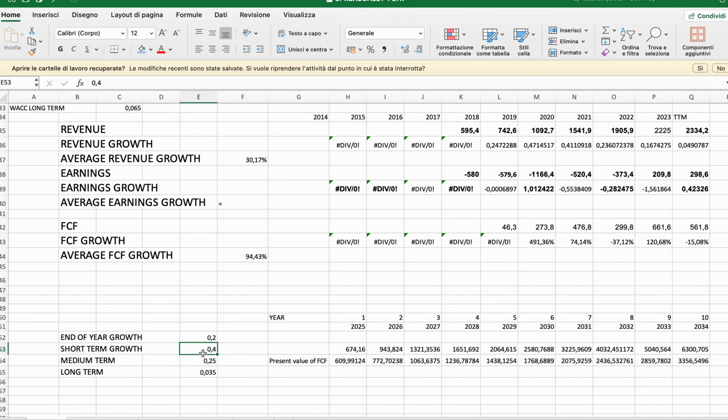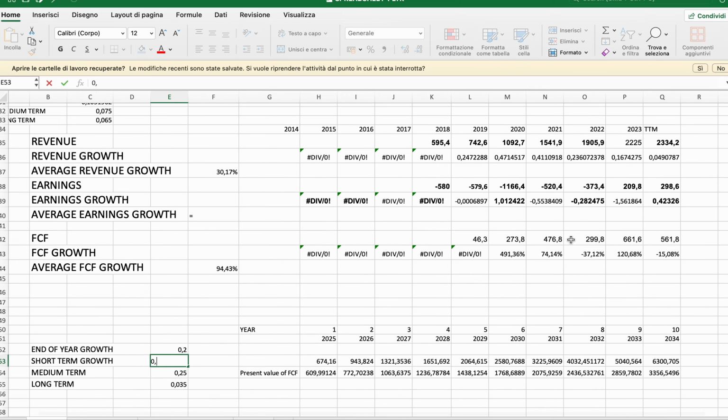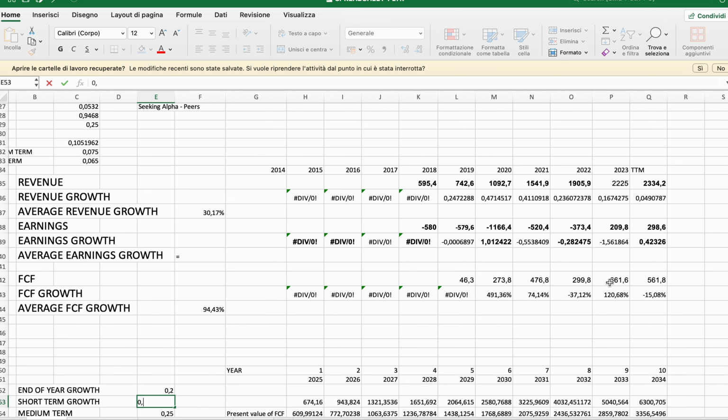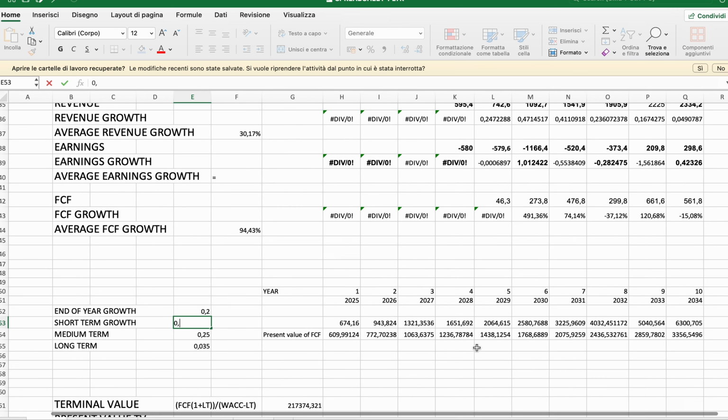So these are the assumptions, and for example, we can make the assumption that it actually grows more than this. We can see that it has done extremely well from 2022 to 2023. It has almost tripled the free cash flow.